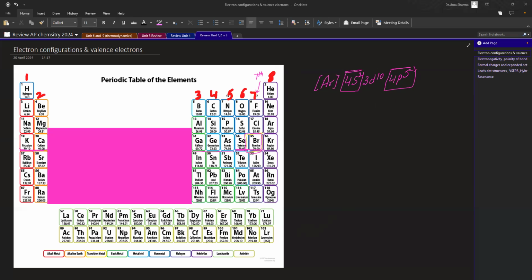Give me the electron configuration of calcium in terms of noble gas notation. All of you please write it. Those who are not able to write, please ask questions here.